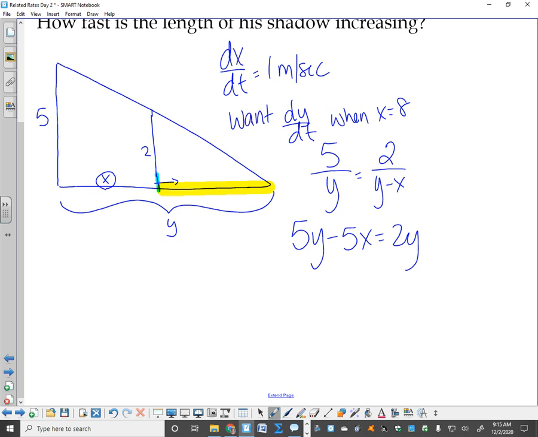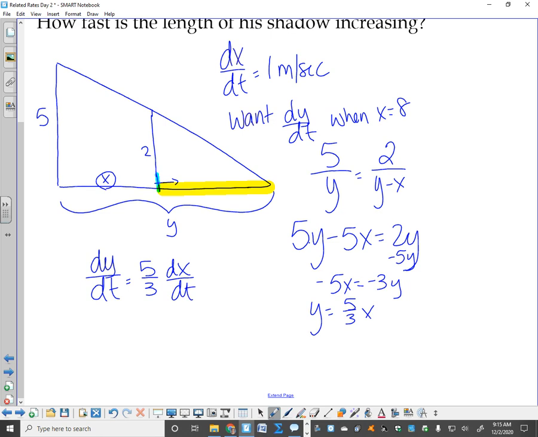I want y, so I'm going to solve for y. So I'm going to subtract the 5y over. So negative 5x equals negative 3y, and then solve for y, so y equals 5/3 x. Now I'm going to take the derivative. dy dt equals 5/3 dx dt.